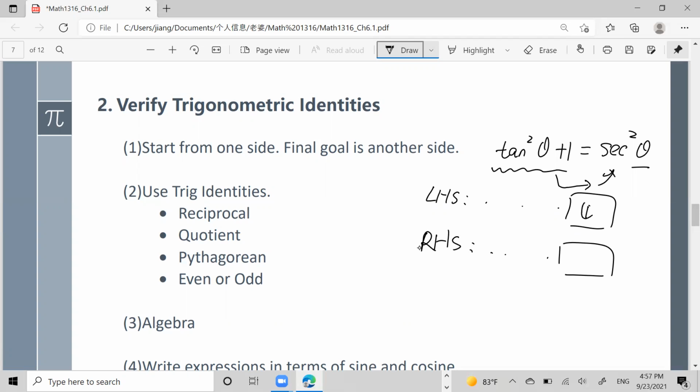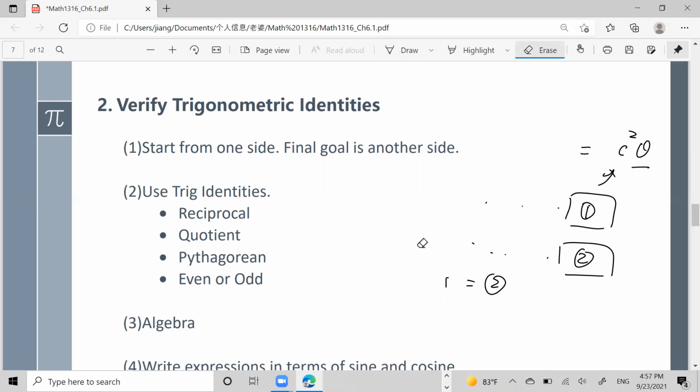This is number 1, this is number 2, and number 1 equals number 2. So this is proved, or you have verified the equation. These are the examples.